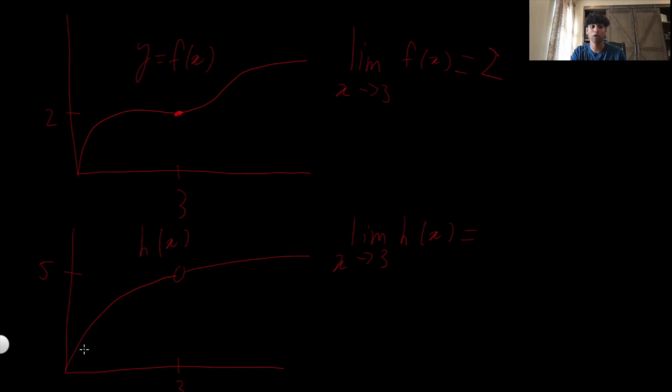All it's asking is what value we're approaching as we approach an x value. So if we trace the graph and we get closer and closer to x equals 3, what y value are we approaching? That's what the limit's asking. So in this case, as we get closer and closer to x equals 3, we're just approaching 5, right? That's all it is. That's what a limit is.